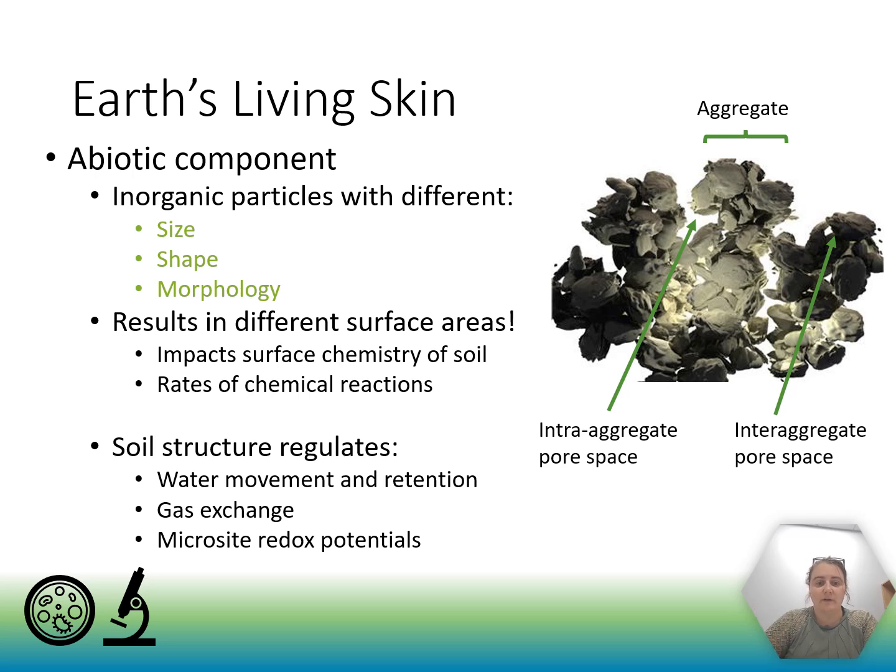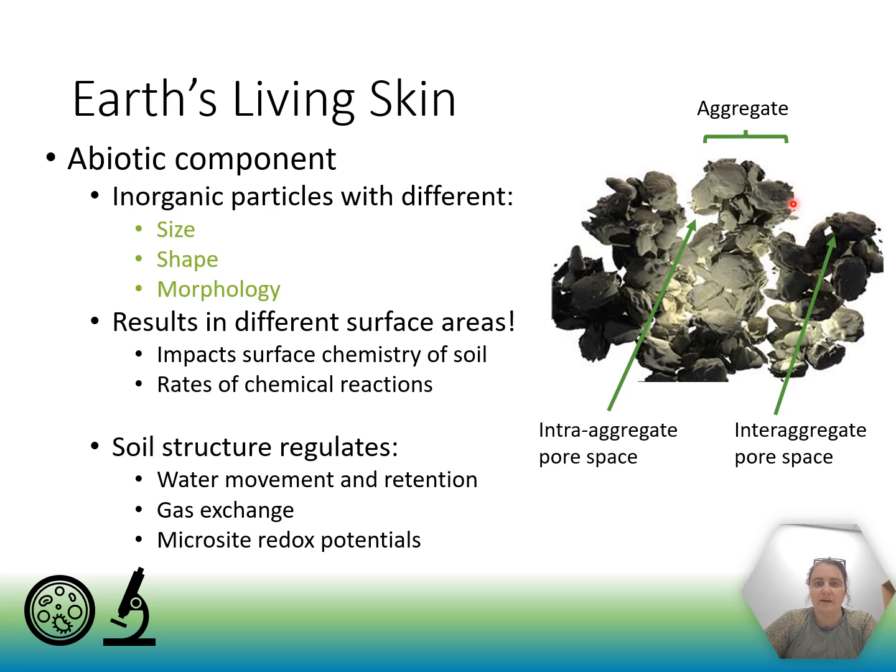What you're going to see on the right side of this screen is a soil aggregate particle. Let me grab my laser pointer. These components here on the soil particles are called aggregates. The spaces in between, we call an intra-aggregate pore space, so between aggregates. And then within an aggregate, that's an inter-aggregate pore space.